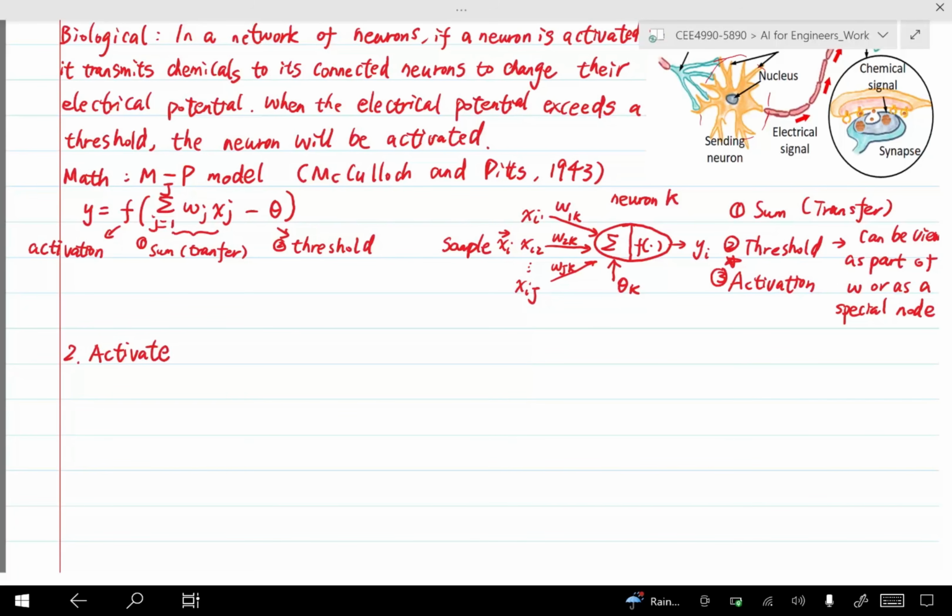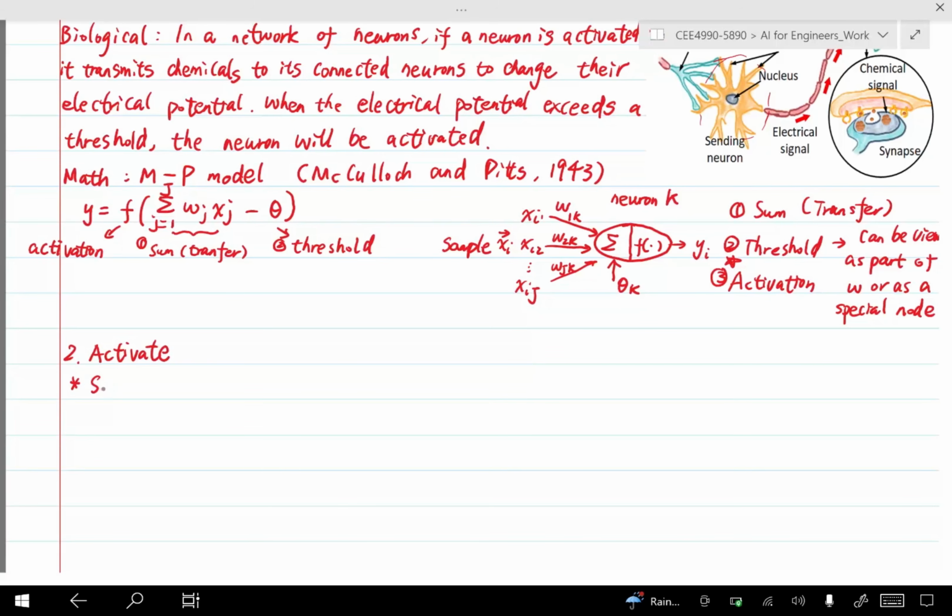That's a stepwise function. It jumps all of a sudden. However, that type of function is not good for mathematical operations. For example, if you want to get a derivative of it, you cannot get it, right?